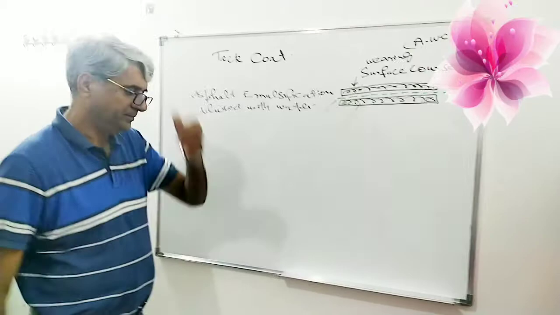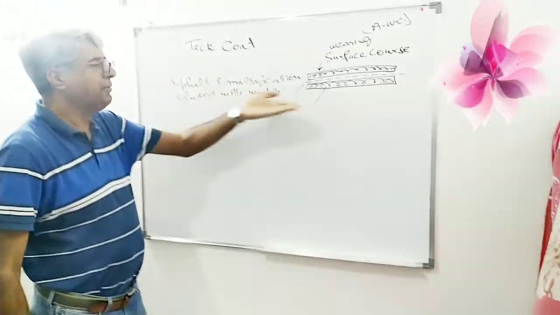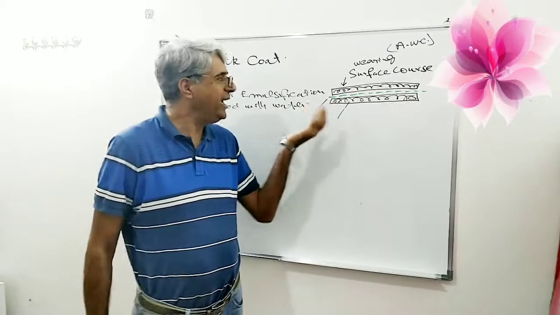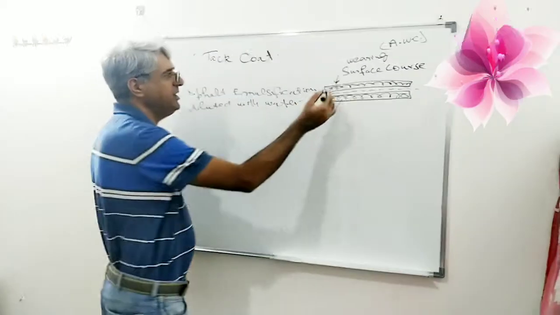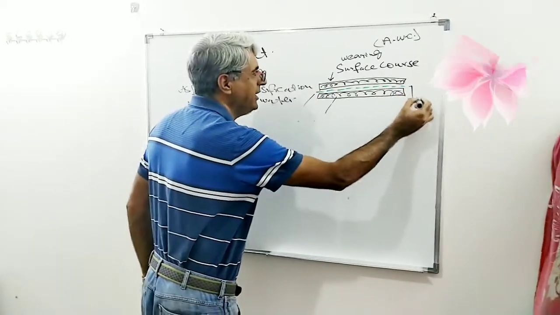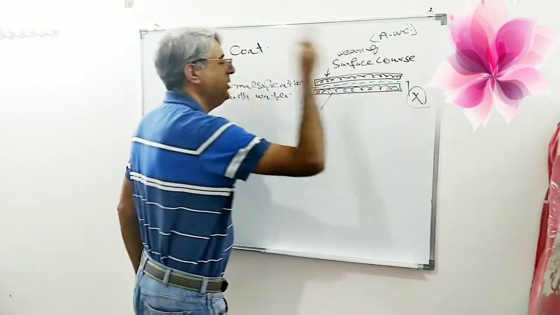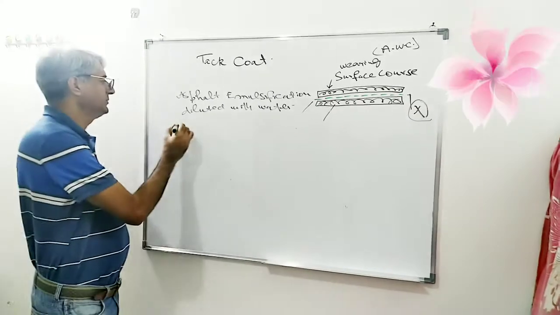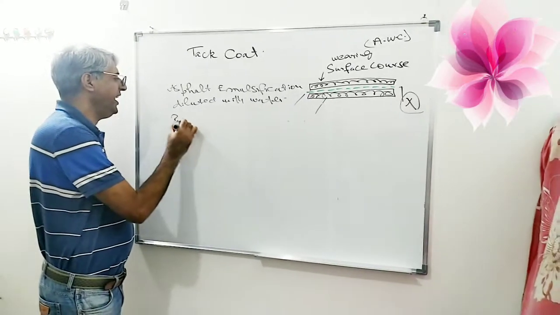Next question. If I have not applied this tack coat, try to understand. If I have not applied the tack coat, it means that tack coat is not present between two surfaces. What will happen? Then what will be the ending result?